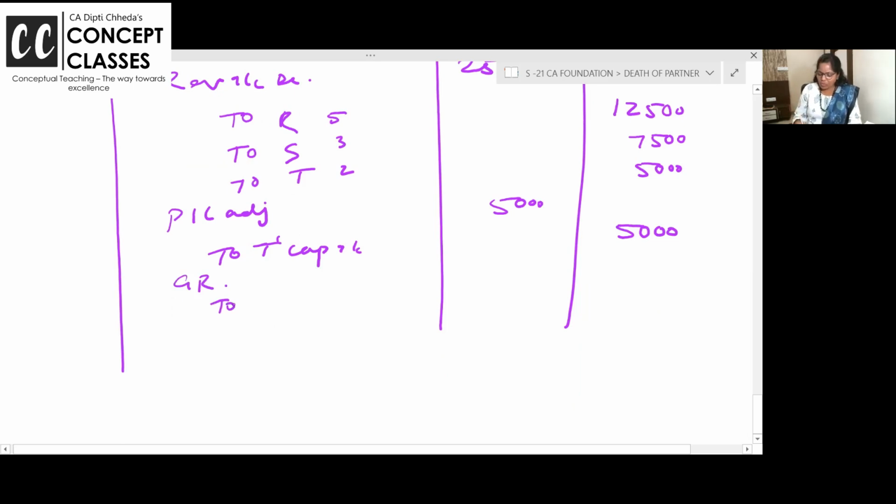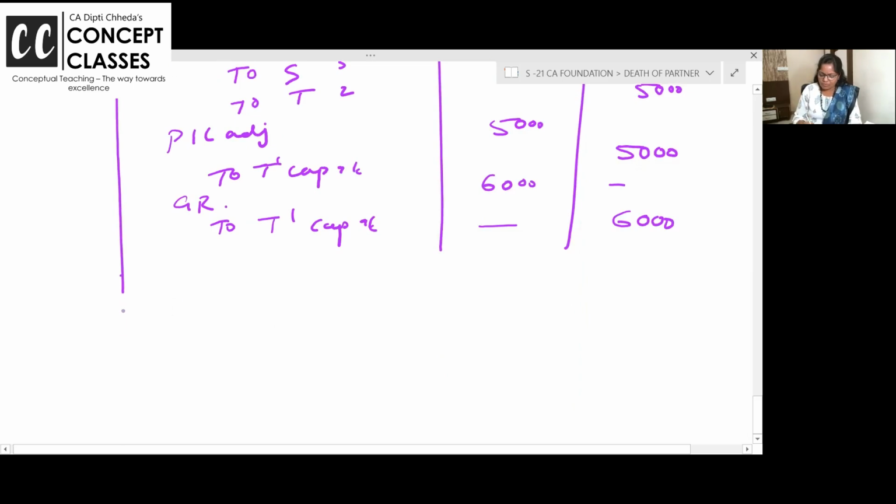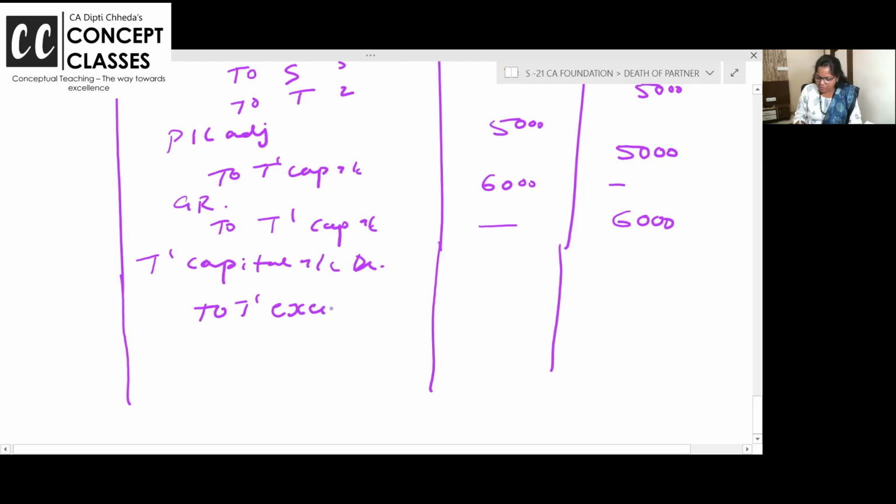General reserve account debit to T's capital account 6,000. There is no current account. If current account is there, bring that also here. That's all. Now T's capital account debit to T's executors account.